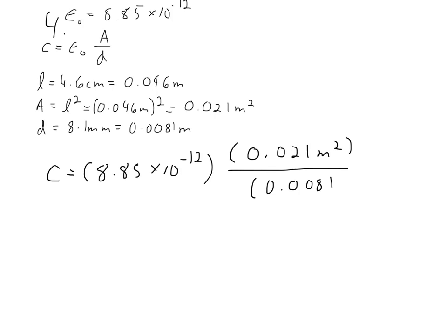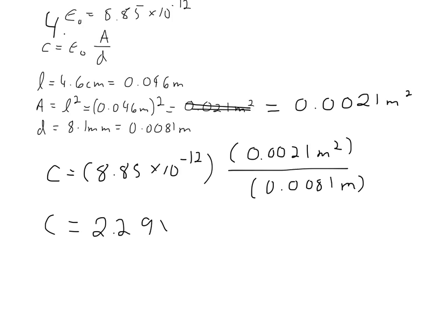This should be equal to 0.0021 meters squared. Let's fix this one. There we go. When we do that math, we get our capacitance equals 2.29 times 10 to the negative 12th farads.